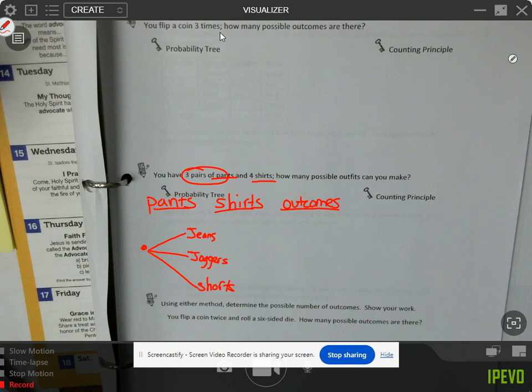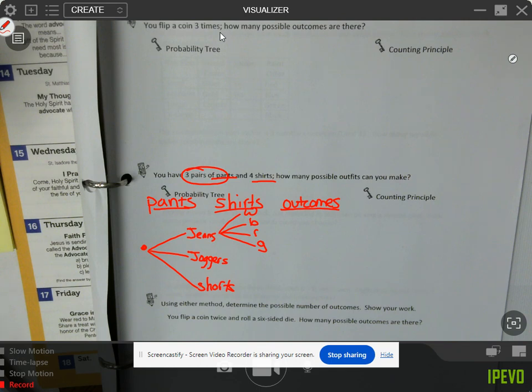If I pick a pair of jeans, I have 4 shirt choices. So maybe I have a white shirt, a blue shirt, a red shirt, and a green shirt, right? So with my jeans, I could either wear white, I could wear blue, I could wear red, or I could wear green.